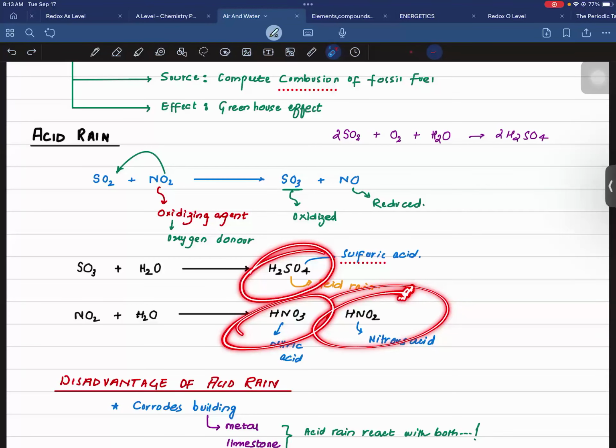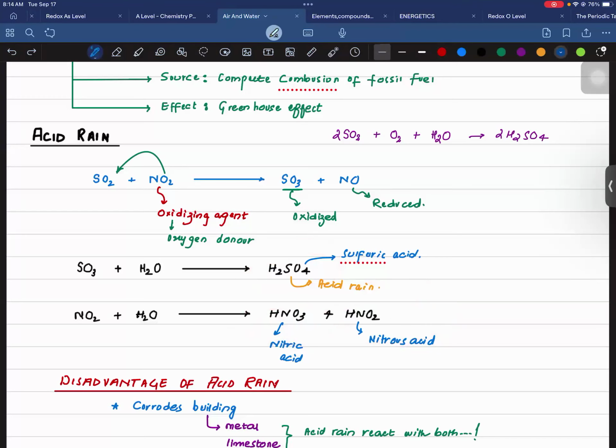So basically, the soil would be getting too much acidic. I told you in the adverse effect of acid rain, the soil would become acidic. And we can't plant any tree because the soil should be neutral so that we can plant a tree.